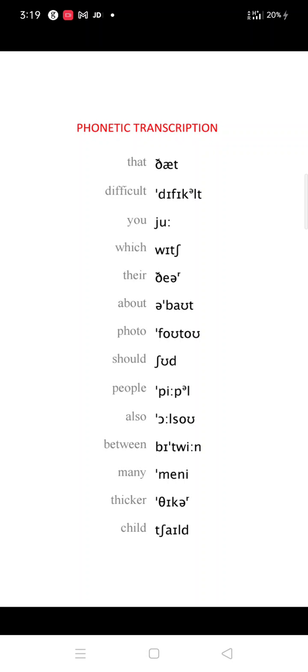The first sound written here is "th," the symbol of the sound "th." Next, if you pronounce "that," the first sound "th," next "a." So the next sound used in the word is "a." That's why the symbol of the sound "a" is used here.